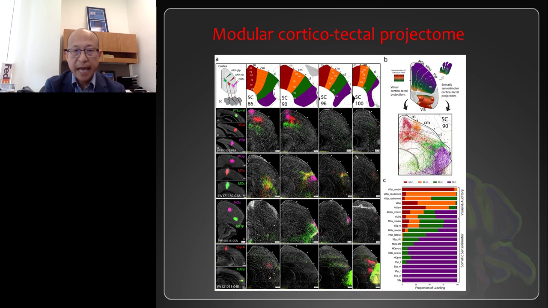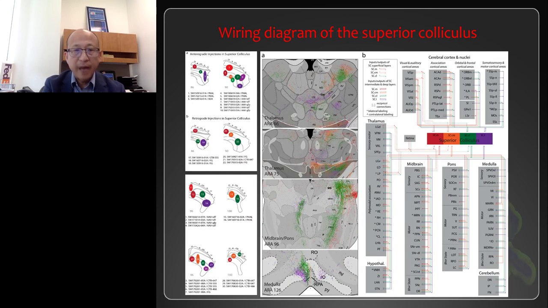For example, the lateral column receives all the inputs from somatic sensory motor areas, and the medial column receives inputs from visual, anterior cingulate, and other cortical inputs related to vision and eye movements. Then we make injections into this superior colliculus and put together this wiring diagram of the entire superior colliculus. So this is our general strategy, step by step.